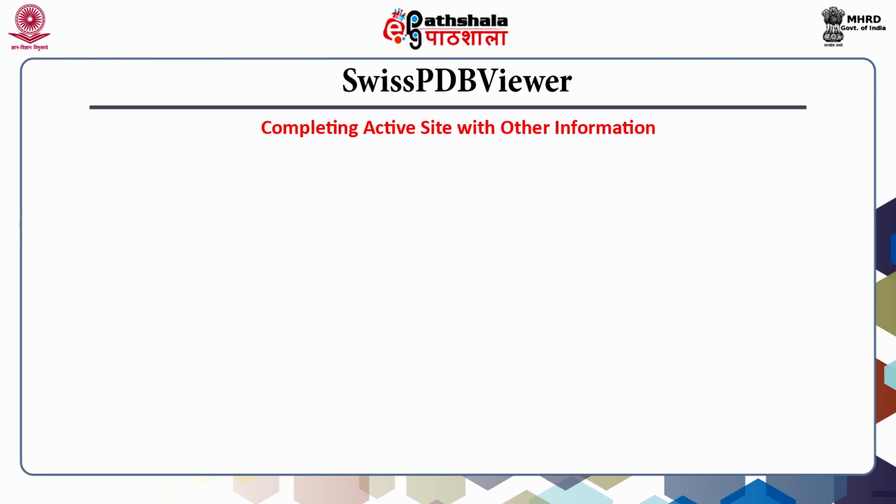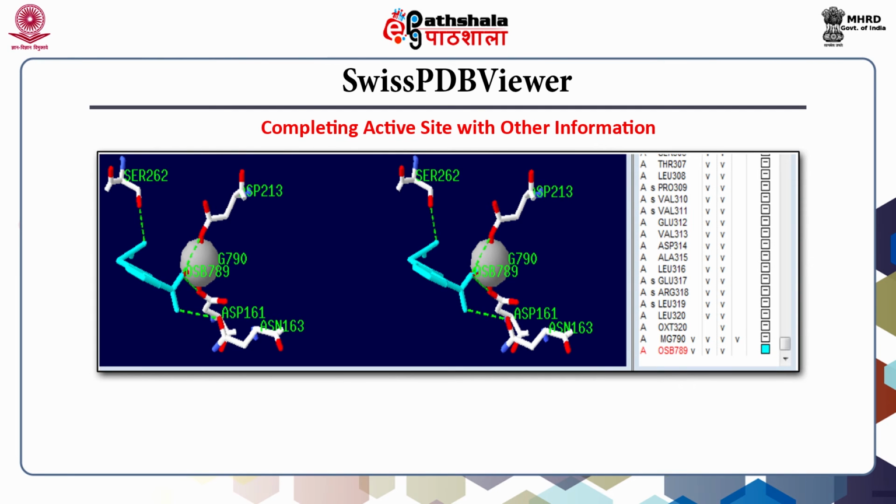From the literature information, we also know that OSBS has a bound magnesium ion. In the control panel, mark V in the first and the fourth column next to the Mg790 residue row. This will display the magnesium ion as a gray color sphere.